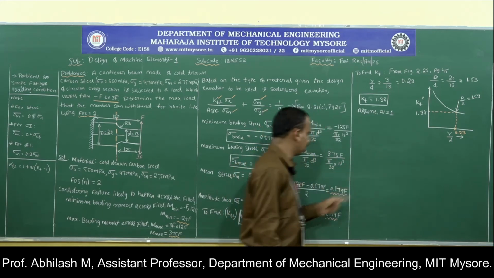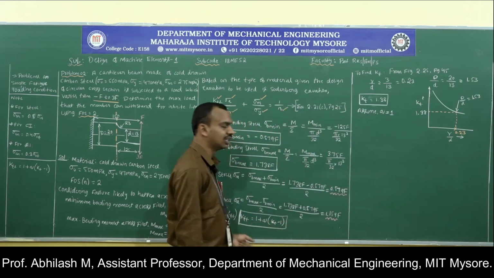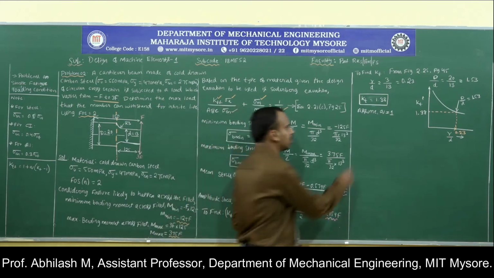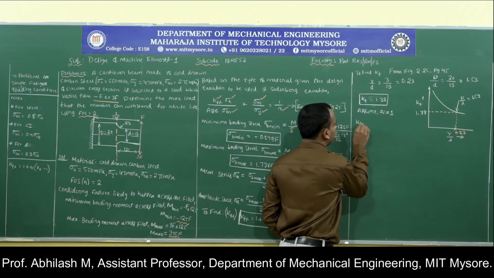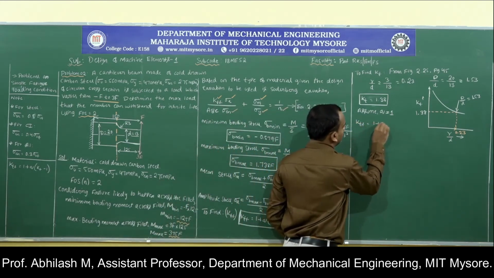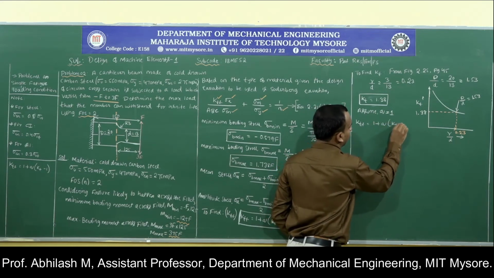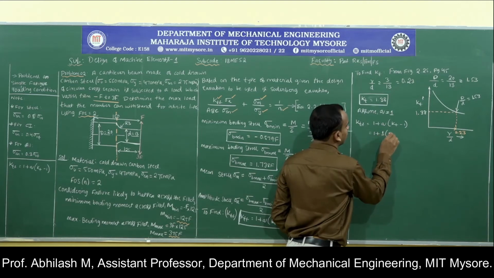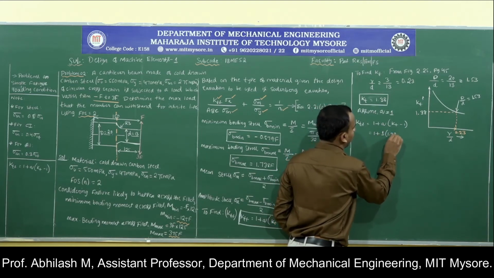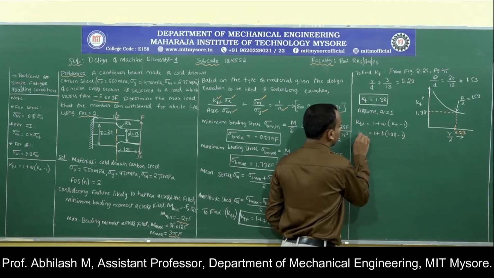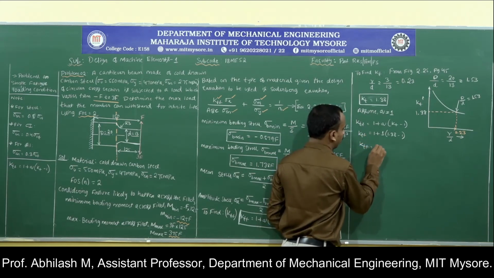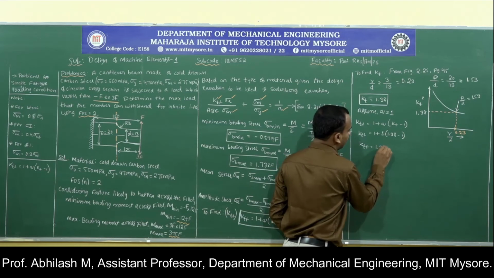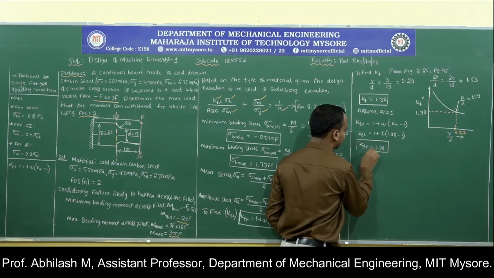Now, I know the values of q and Kt, so I can easily calculate the value of Kf. Therefore, Kf is equal to 1 plus q times (Kt minus 1), where q is 1 and Kt is 1.38. So, the Kf value we are going to obtain is 1.38.